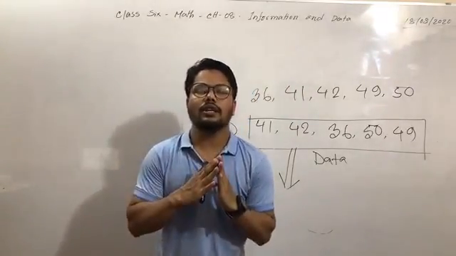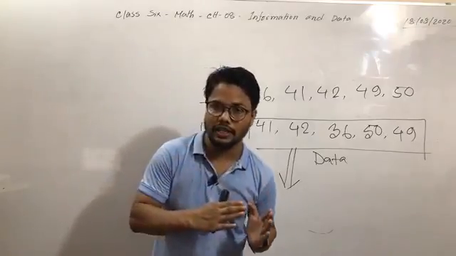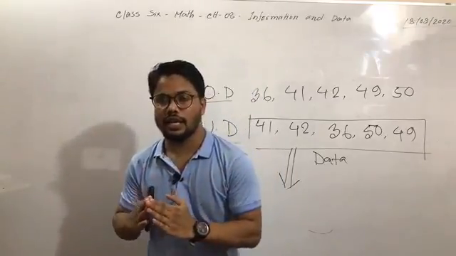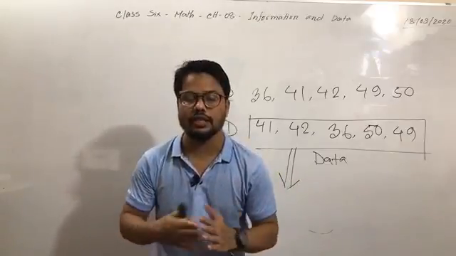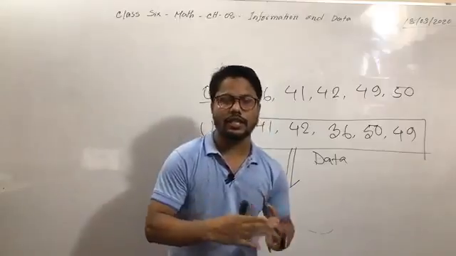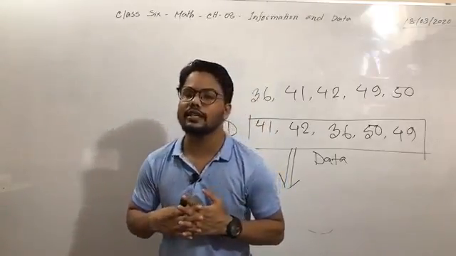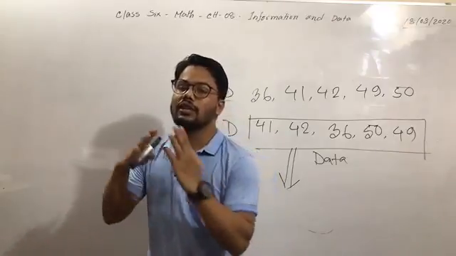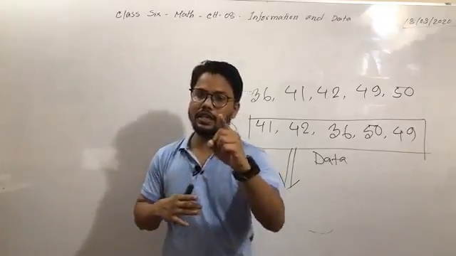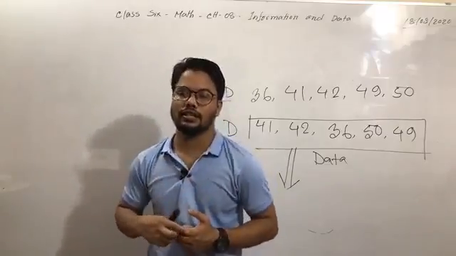How many types of data are there? Are they ascending? Are they organized or unorganized? And how have we collected this data? Is it directly or indirectly? Direct data is called primary data. Indirect data is called secondary data. Which one is more accurate than the other? Definitely direct data is more accurate, more correct than secondary data.